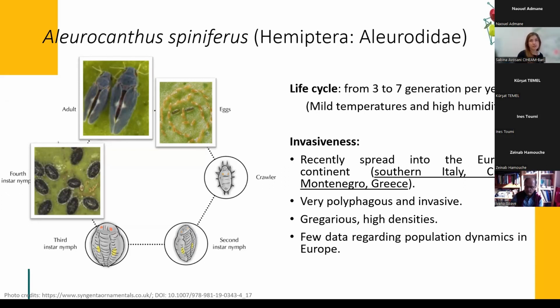It is very polyphagous, it has many hosts, and it's very invasive since it reproduces very rapidly. It can tolerate our climate and it can reach high densities. Unfortunately, we don't know very much about this pest because there are not many data regarding the population dynamics in our continent.